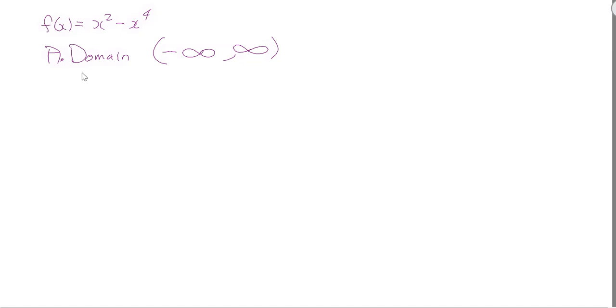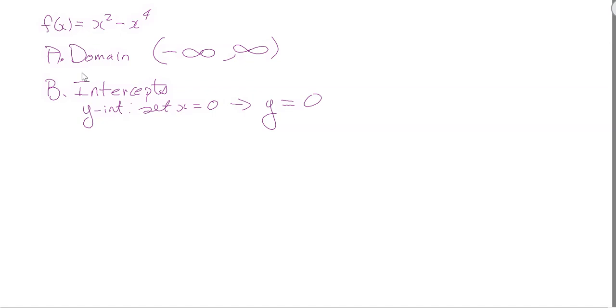Intercepts. x-intercept, how do we get that? Let's do the y-intercept first. Okay, so y-intercept, what do we do? It's f of x, I'm going to call it y for now.